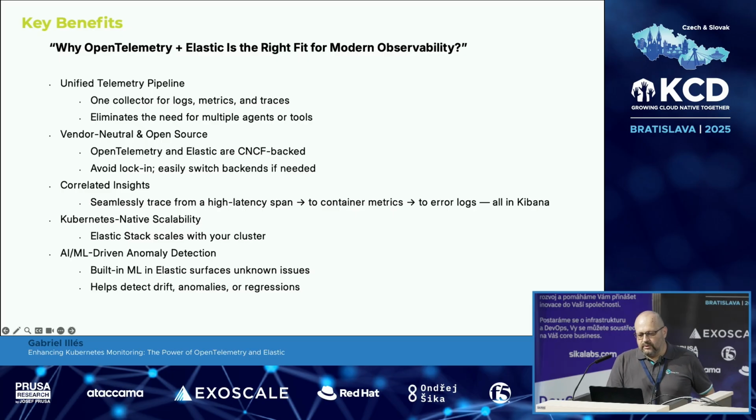So let's talk about some key benefits of this architecture. It provides a unified telemetry pipeline, so you have only one data pipeline for all three types of signals, which are logs, metrics, and traces. No other tools are needed, so you have only one backend. And as I mentioned before, it is vendor neutral and open source.